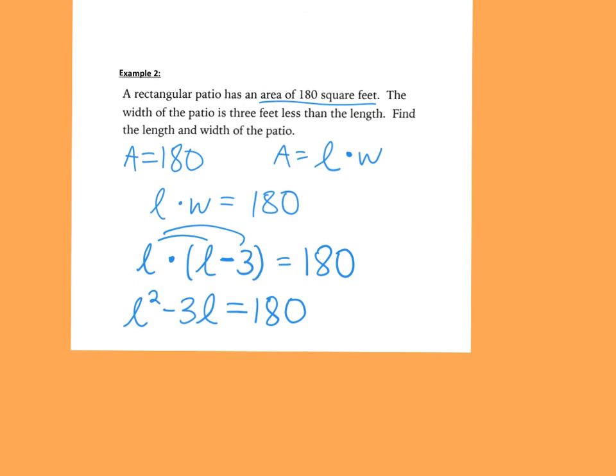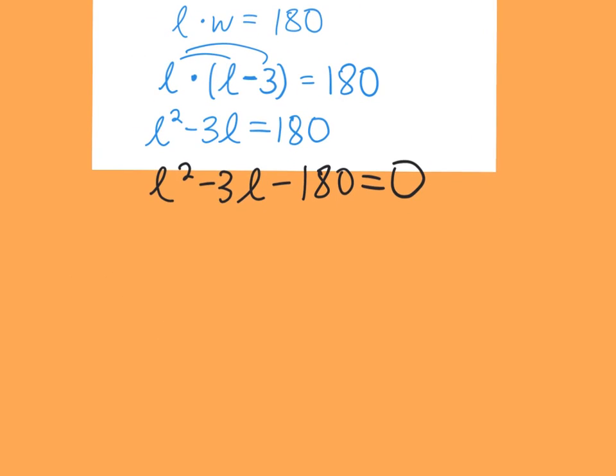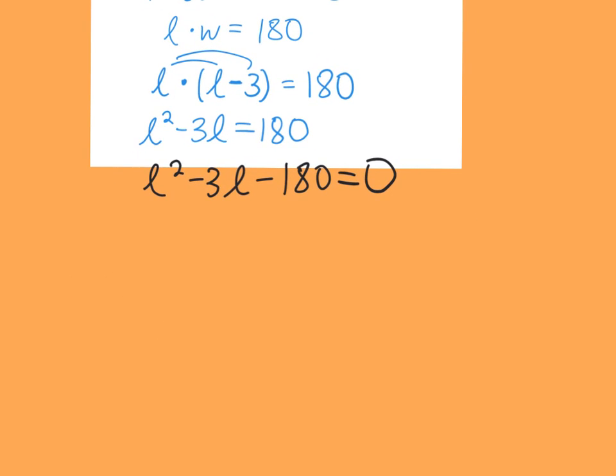So I'd end up with L squared minus 3L minus 180 equals 0. You with me? Now I do the what? Try the X method. What goes on top? Negative 180. What goes on bottom? Negative 3. So I need to find 2 things that will multiply to give me negative 180, add to give me negative 3.